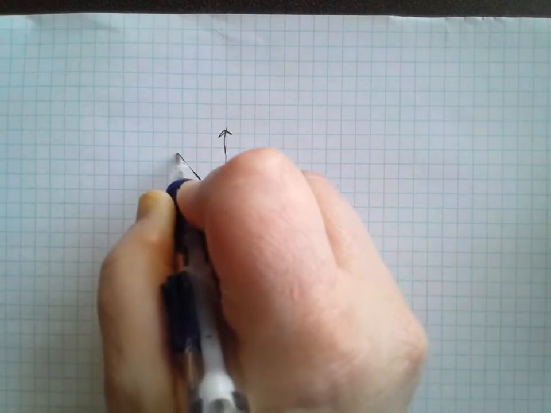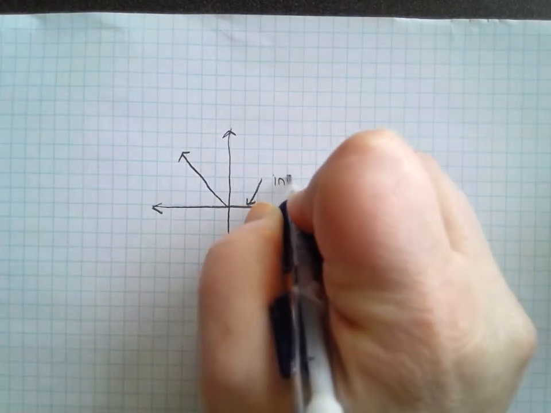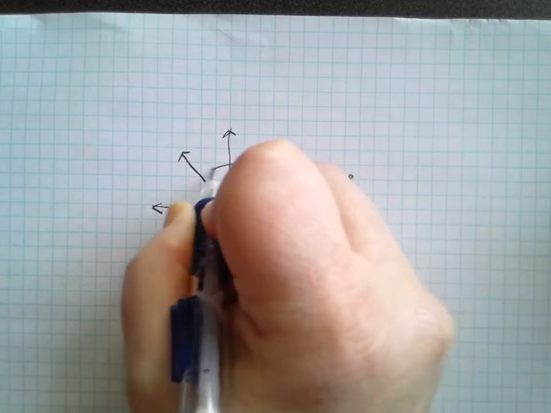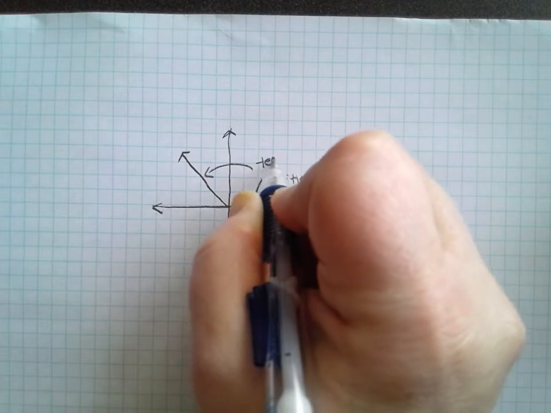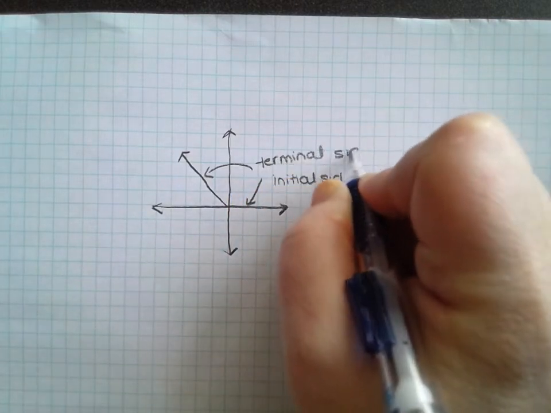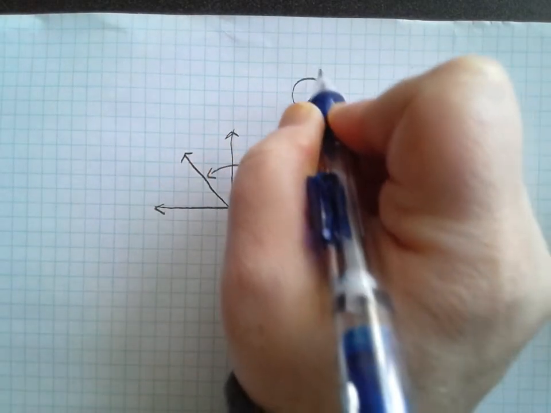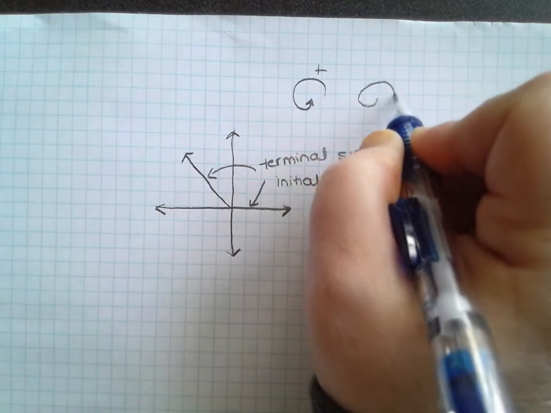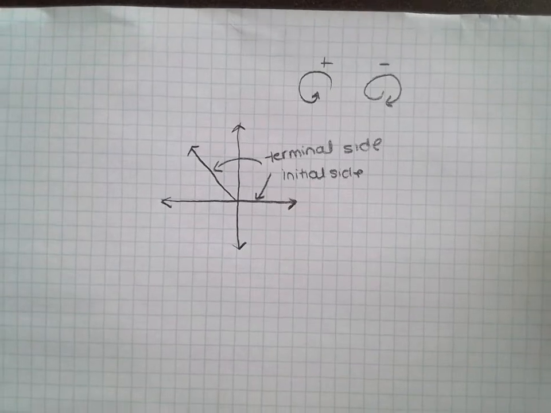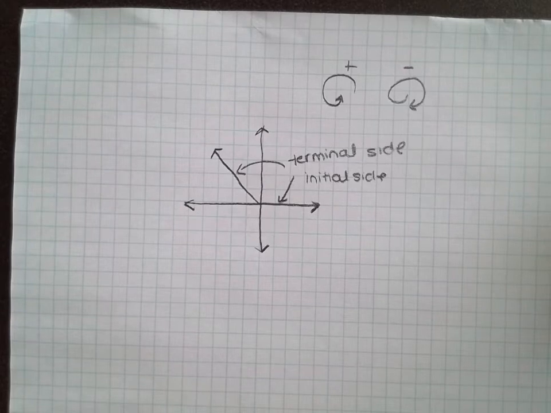This part right here is called the initial side, and this side right here is called the terminal side. Counterclockwise results in positive rotations, and clockwise are negative rotations, okay? Remember, we also switch from radians to degrees, but we'll get to those.